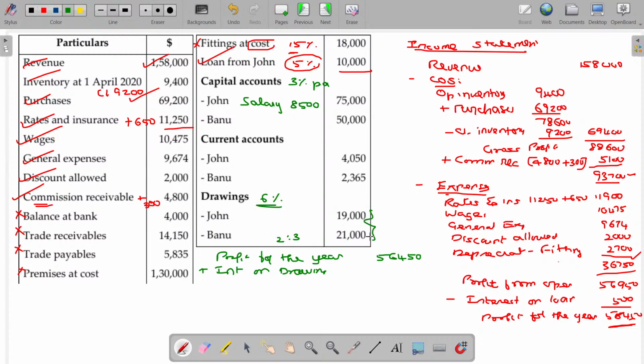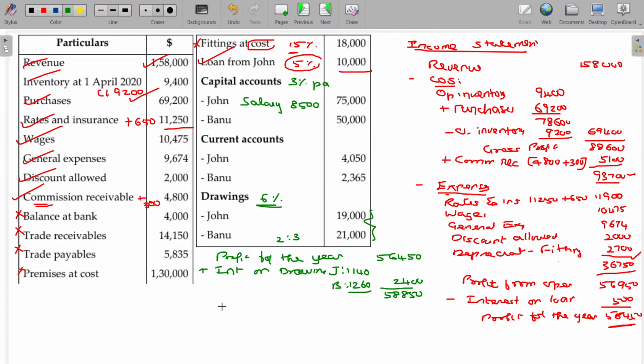For 19,000, 6% is 1,140 for John, and for Bonu on 21,000, 6% is 1,260. The overall value being 2,400. That gives 58,850.